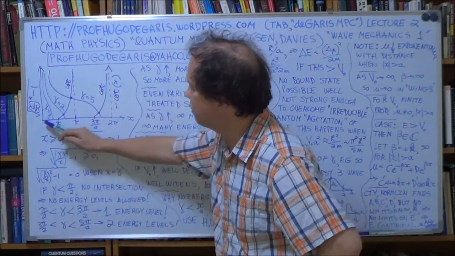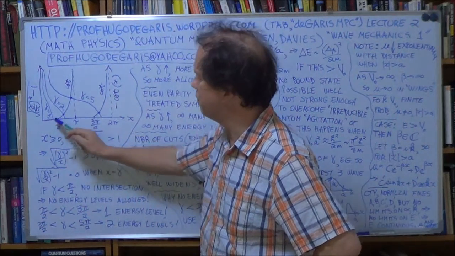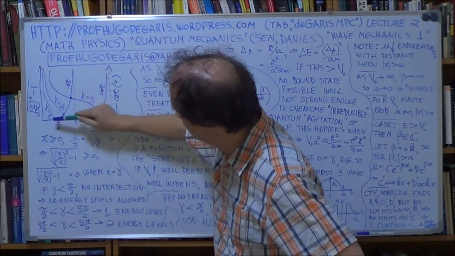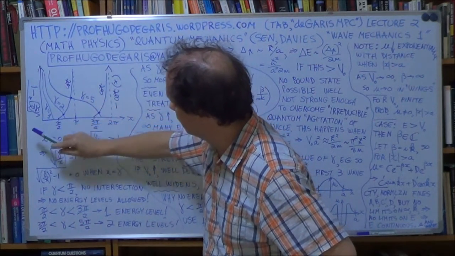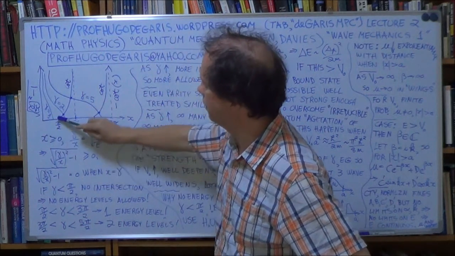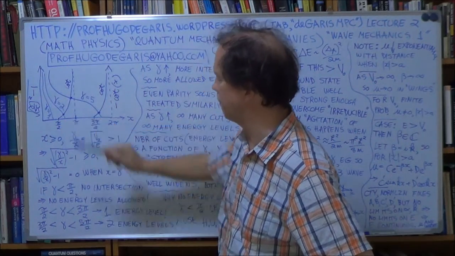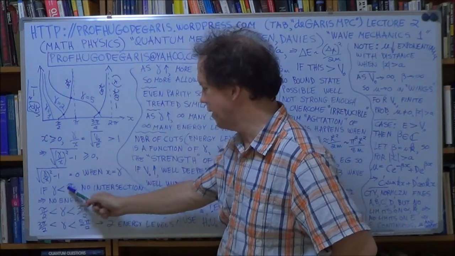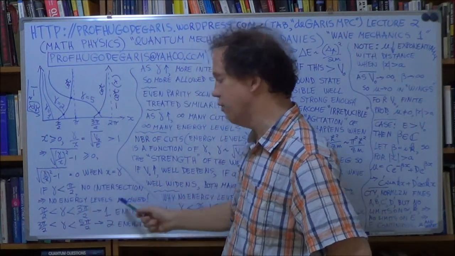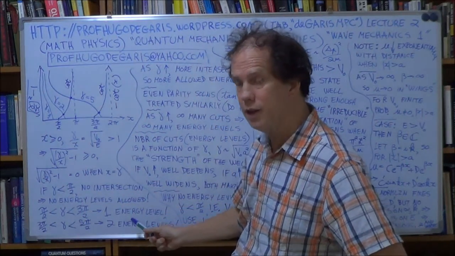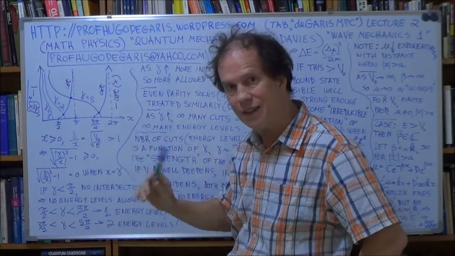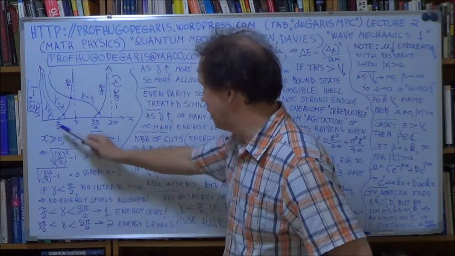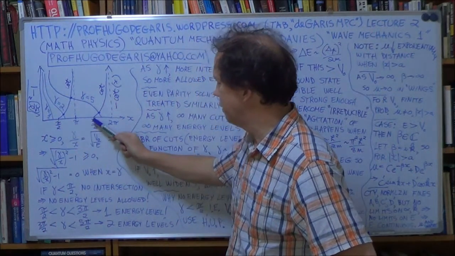So there's just no solution for gamma less than pi over 2, and you'll get your very first one when gamma actually equals pi over 2. Well, yeah, here that'll be your very first one. Okay. So when your gamma is less than pi over 2, just no intersections, therefore no energy levels. There are no allowed energy levels. There just aren't any. Right? Now, how about in the region, say, between pi over 2 and 3 pi over 2?